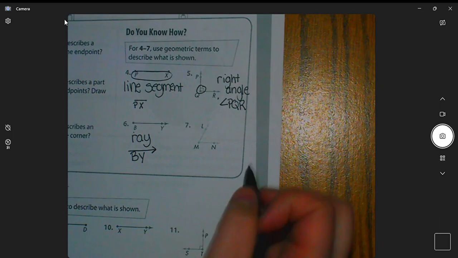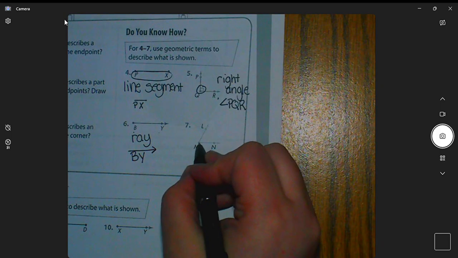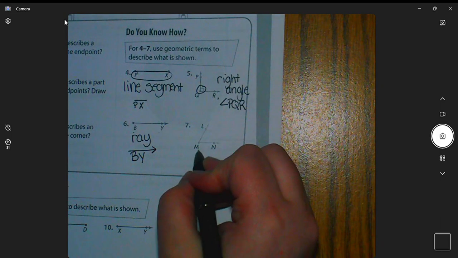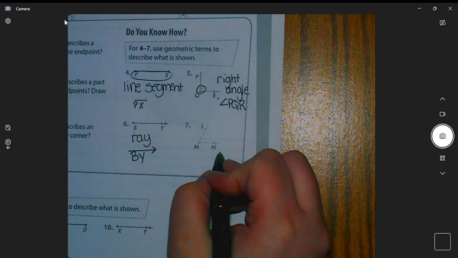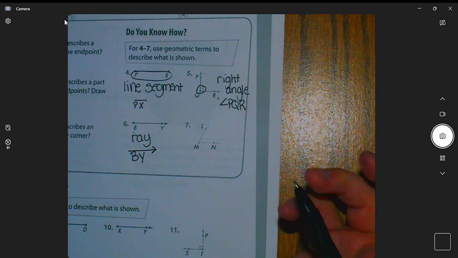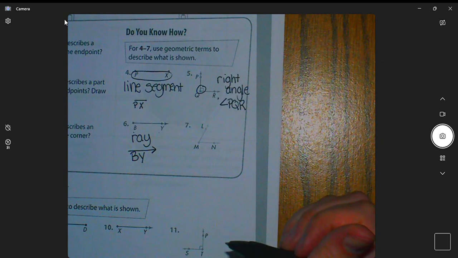Ready? Number 7. Is this an angle? And I teach my 4th graders, an acute angle looks like a baby shark. An obtuse angle looks like a daddy shark. It's going to open its mouth really big.